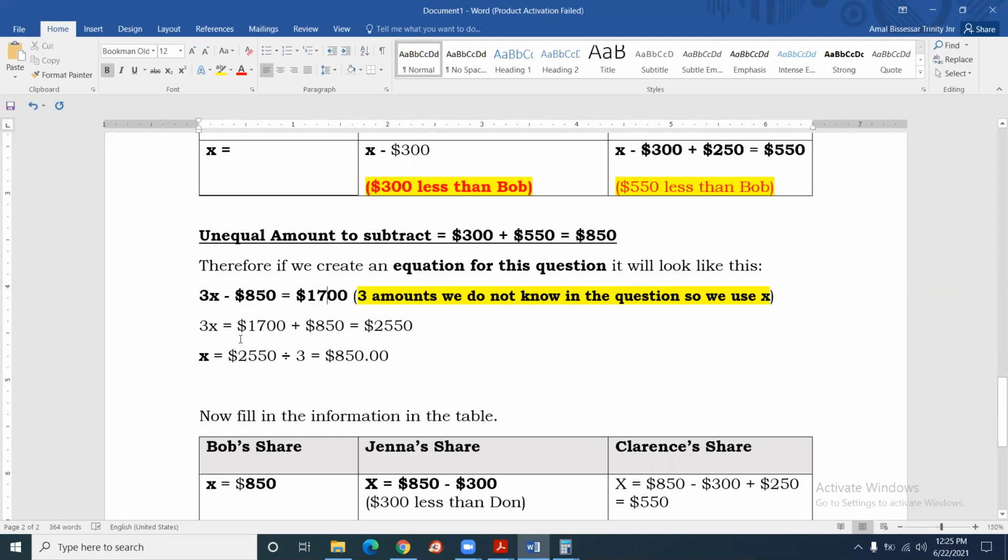So what do I do now? I will have to remove, just like I have been doing before. I usually subtract, the opposite will be to add. So the 1,700 add the 850 will be the 2,550.